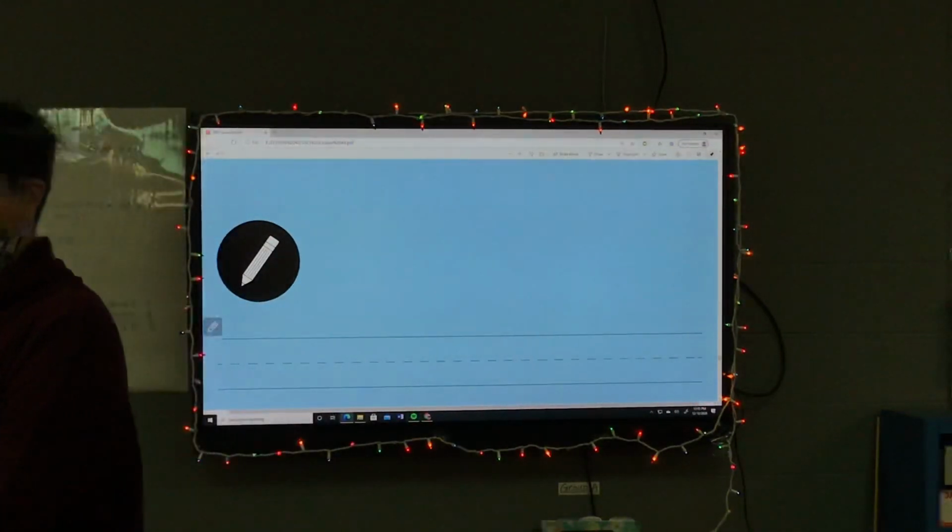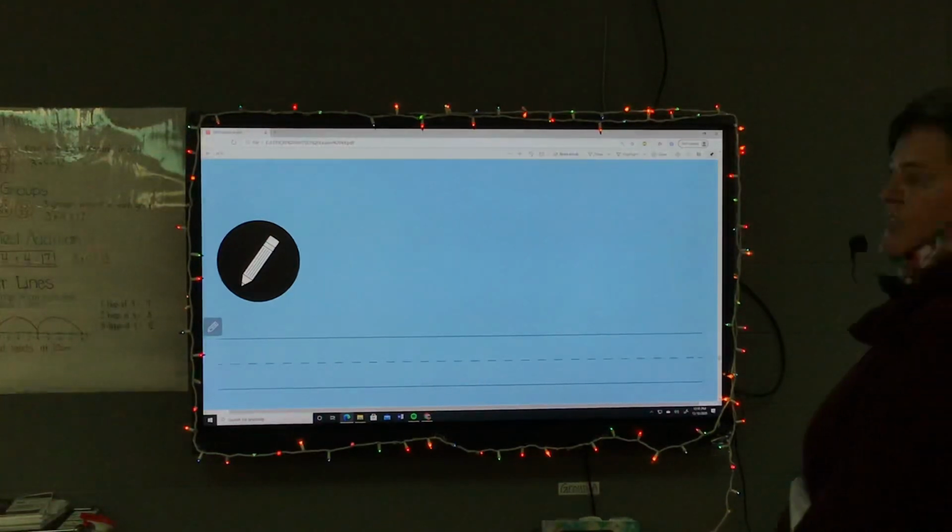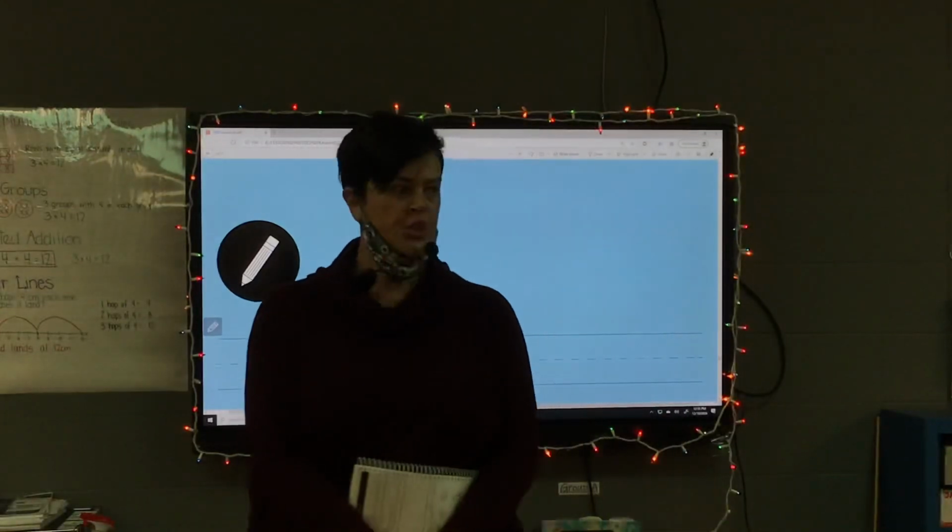Think about what we've learned that says aw. Don't be lazy and just take guesses. Oh, sight word. Should.